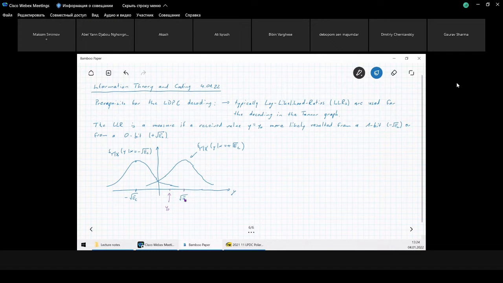Just assume square root EC being 1. So I observe a value, let's say, of 0.4. And now the question is, if I observe the value 0.4, what's the probability that a plus square root EC was transmitted? And what's the probability that a minus square root EC was transmitted? So this is basically the question that we would like to answer.